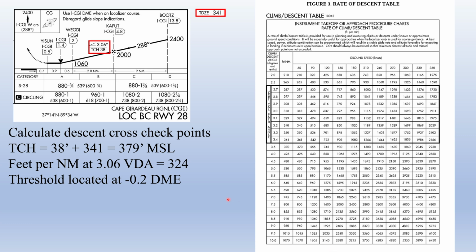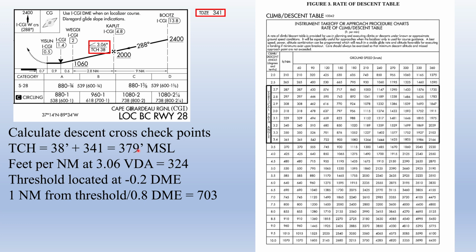So now what we do is add that 324 feet for every mile we move away from the runway. When we cross the threshold, our altimeter is going to read 379 feet if we're on the path. So for 1 nautical mile away from the runway, that's going to be 0.8 DME.